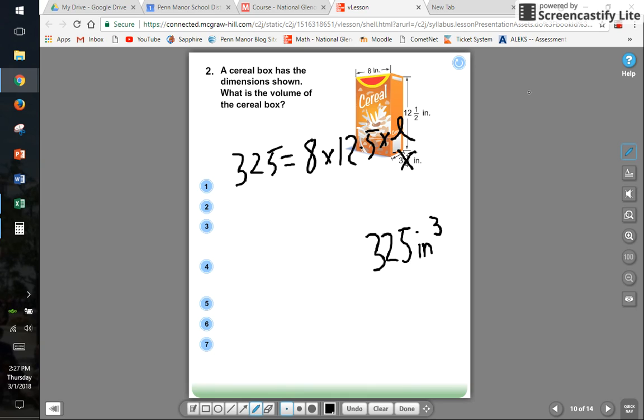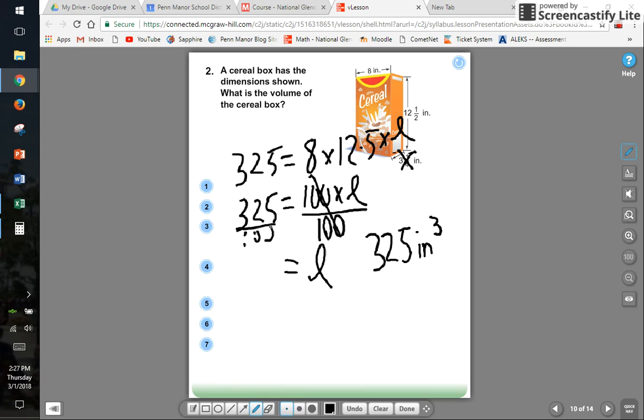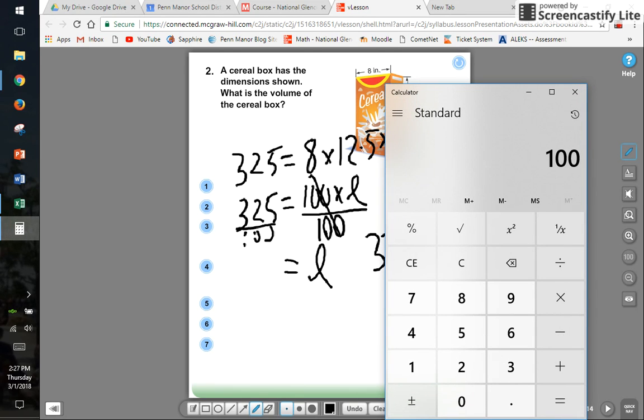So now I have 325 is equal to 100 times L. Now, if I divide both sides by 100, on this side, I will get rid of the 100 to isolate the L. And on this side, if I divide by 100, let's see what happens. 325 divided by 100.